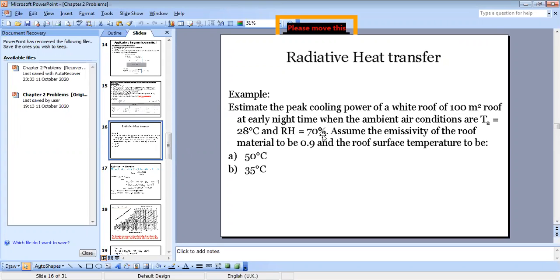It's enough to know two properties of air to get any other properties. When they give the temperature and don't specify, it's the dry bulb temperature. So 28 is the dry bulb temperature, and the relative humidity is 70%.